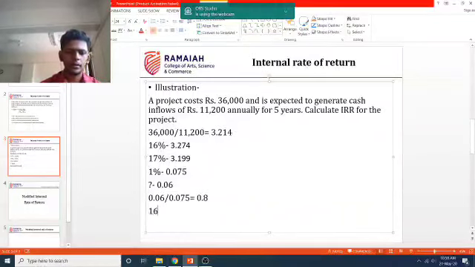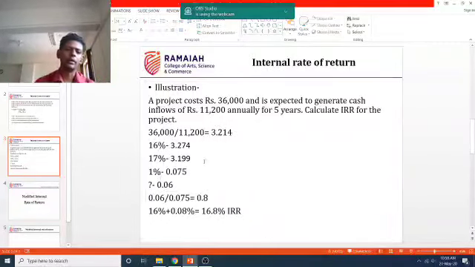Now, between 16 and 17, you need to take the lower, 16%. 16% plus 0.8% gives you 16.8% IRR. So this is how you solve it.